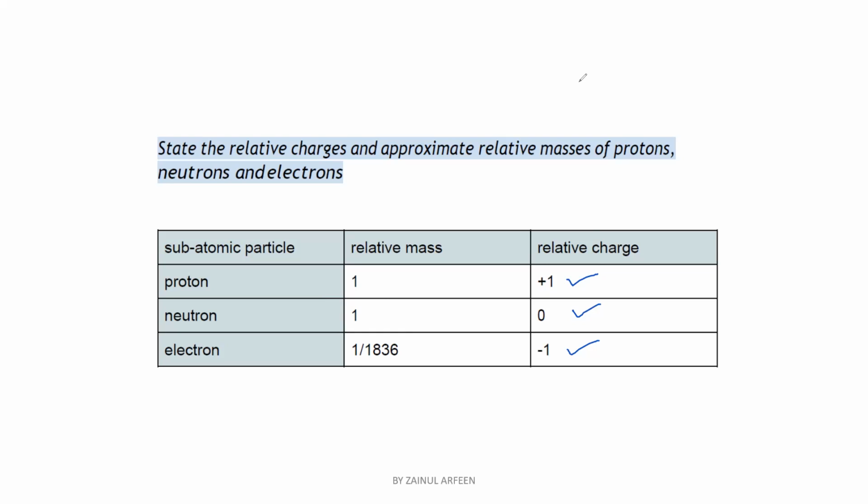So in exam, you will find how they give this question. They normally give you the table and they ask you to complete the table. That is the main thing they ask, for relative mass and relative charge. So how do we complete this table? For proton, what will we write?